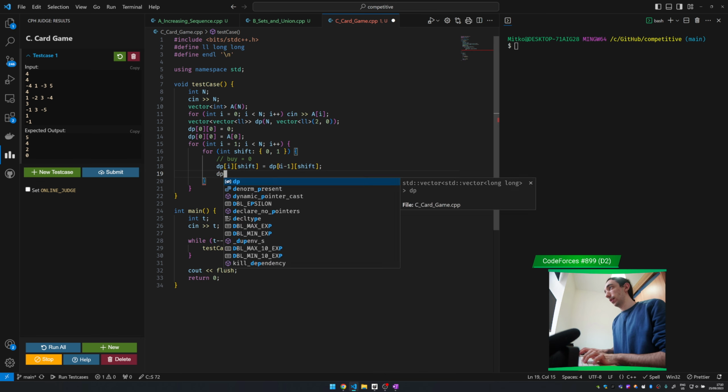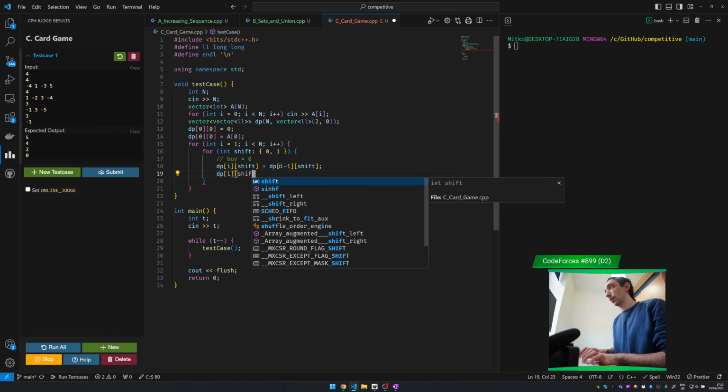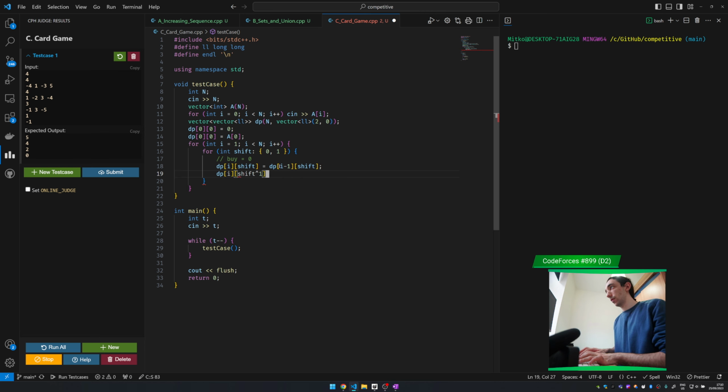And we don't buy. dp of I and shift 1, dp of I minus 1 with this shift plus, and now here's the tricky part: first of all, I divided by 2 equals 0.